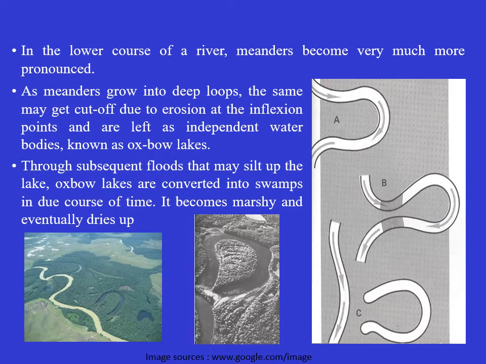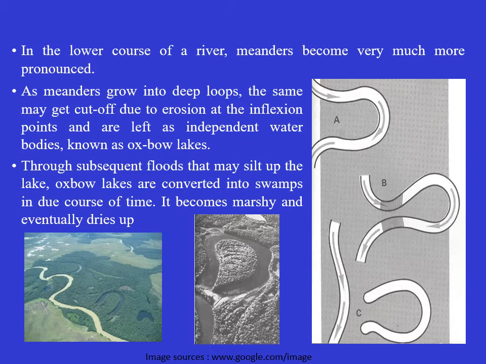Next is the oxbow lake. These features are mainly found in meandering rivers, when the meandering loop becomes extremely sinuous. As I already told you, the erosion mainly occurs on the concave side.